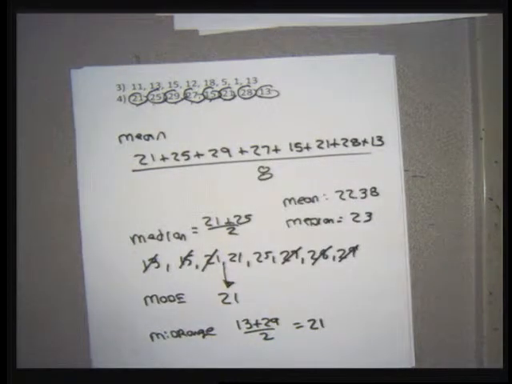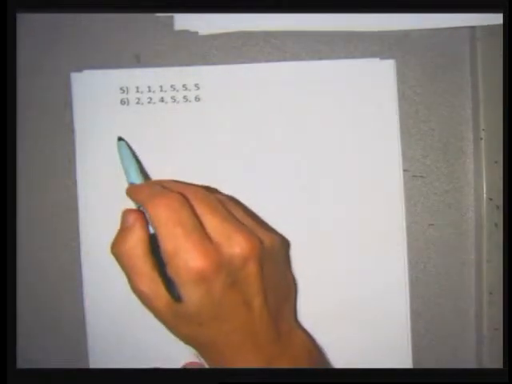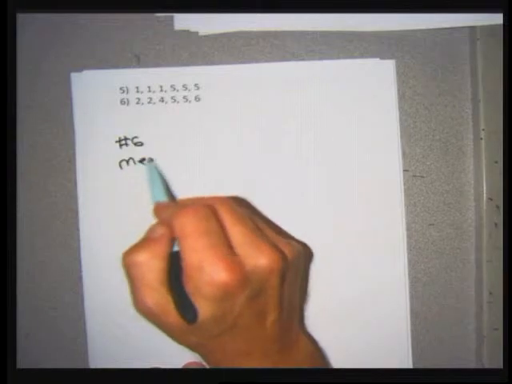Alright, so 2 more of these mean, median, mode, mid-range problems, and then a few word problems. Okay, so I'll do 6, you can do 5. When you do 5, I'm going to say it's bimodal. So for number 6, first one I want to find is the mean.